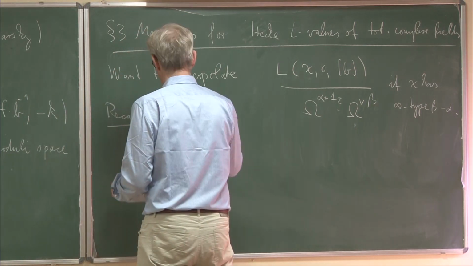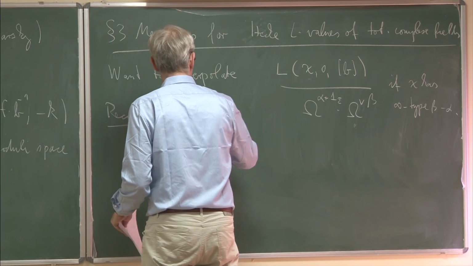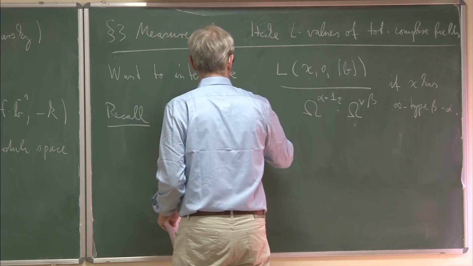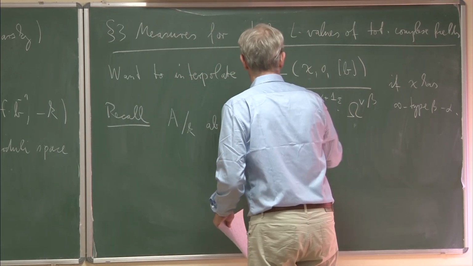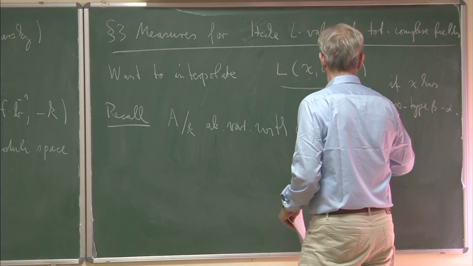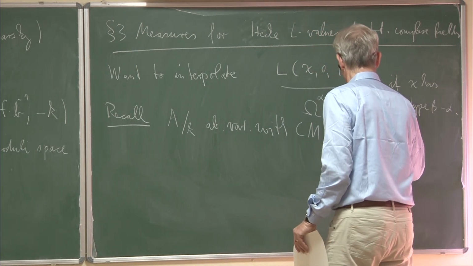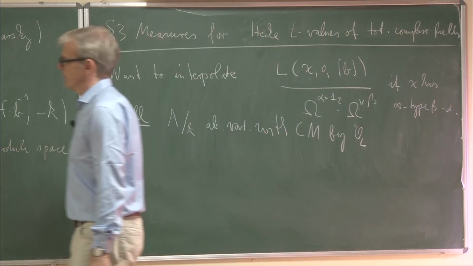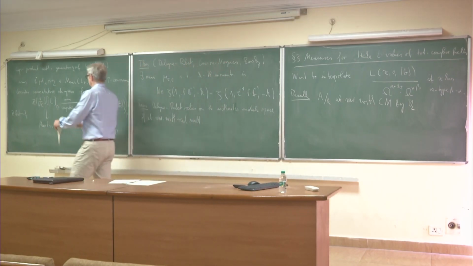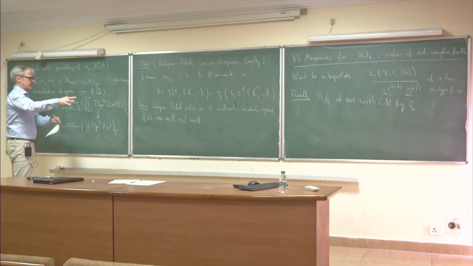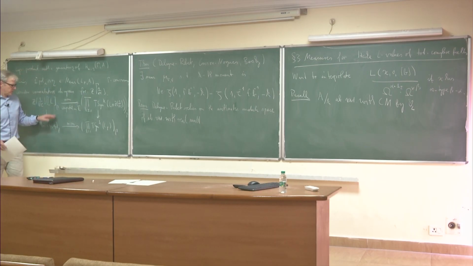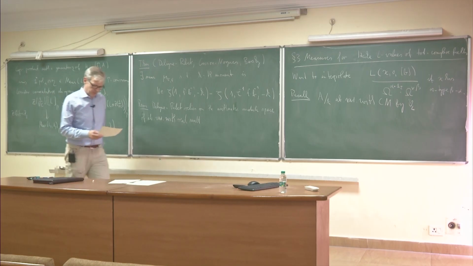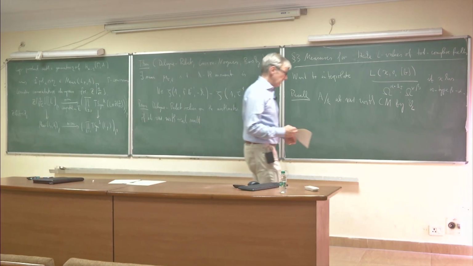So we had A over K, an abelian variety with complex multiplication by OL. I'm sorry that there are now too many L's on the board, but one paper uses this L, the other paper uses this L. And as I said, I want to stick to the notation there to make it easier to compare.